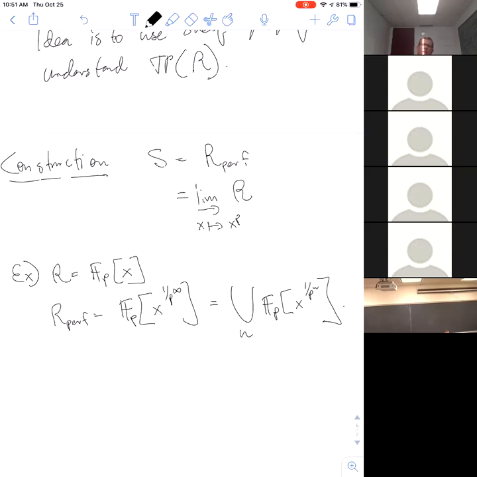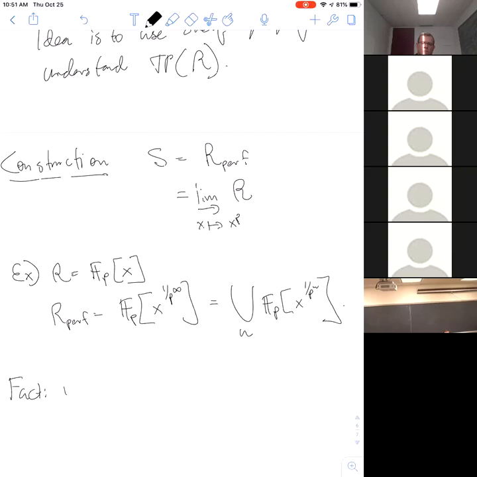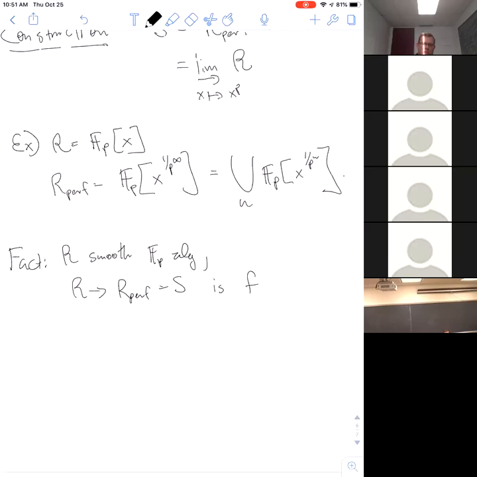So an example is FP brackets x to FP brackets x to the 1 over p to the infinity. And now it's a basic fact that if R is a smooth algebra, then the map from R to its perfection, which I'll call S, is faithfully flat.